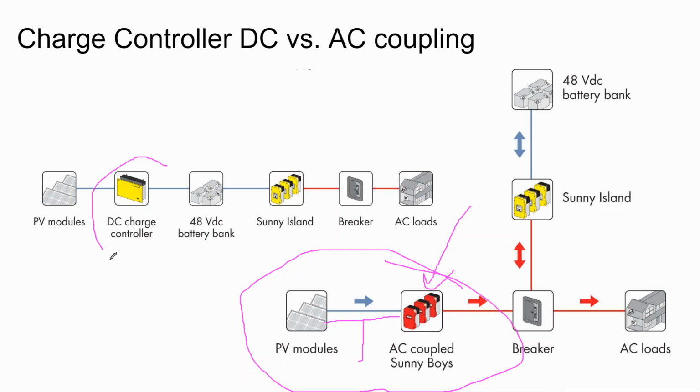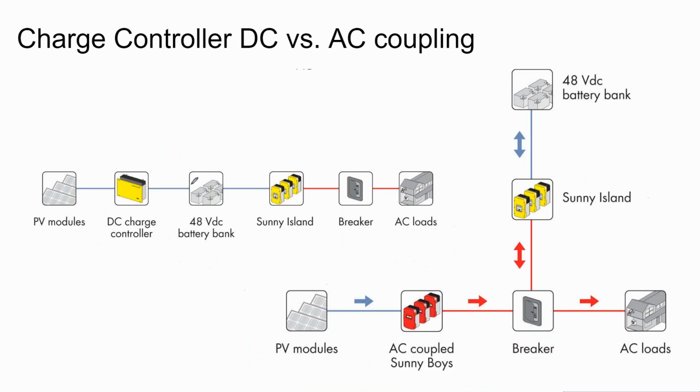And your DC charge controllers have not had the same kind of attention. And so from a cost perspective, DC should be cheaper, but right now it's really not. Your high-end charge controllers cost pretty much the same as your standard no-frills DC to AC inverters.